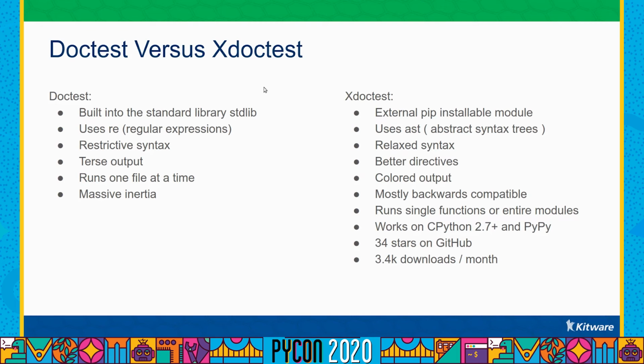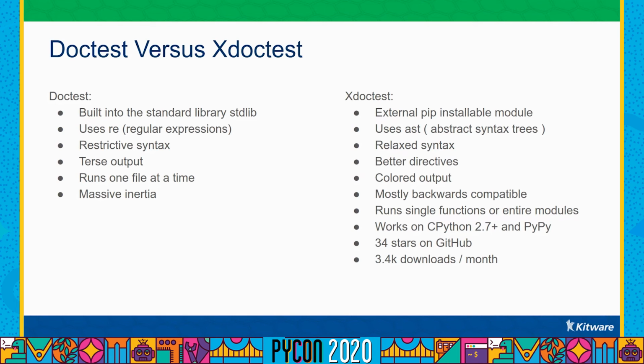On the other hand, we have Xdoctest, which is an external pip installable module that uses abstract syntax trees to correctly parse Python code. It has a more relaxed syntax with better directives and colored, arguably more readable output. It's mostly backwards compatible.